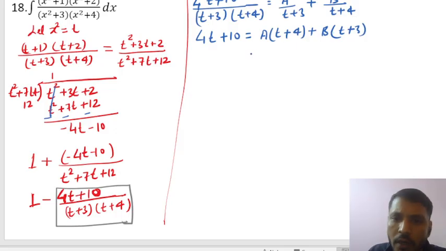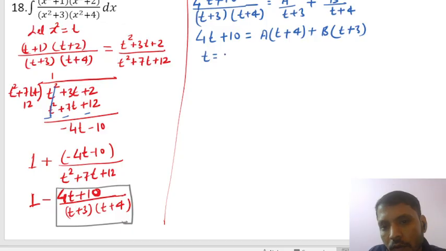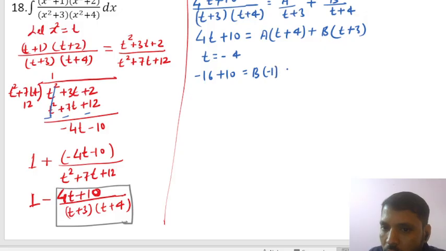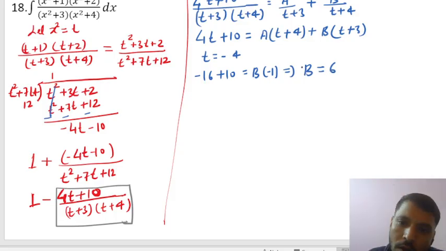So if we are putting here the value of t equal to minus 4, it will become 4 into minus 4 is minus 16, plus here 10, and this is equal to a times 0, means b into minus 4 plus 3, it is minus 1. That means what we can say, it is minus 16 plus 10, minus 6, and here also minus minus will get cancelled, means b is equal to 6. We are getting b equal to 6.